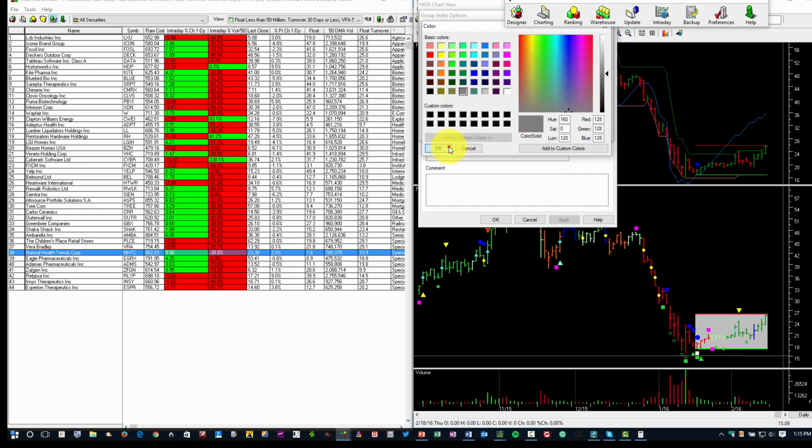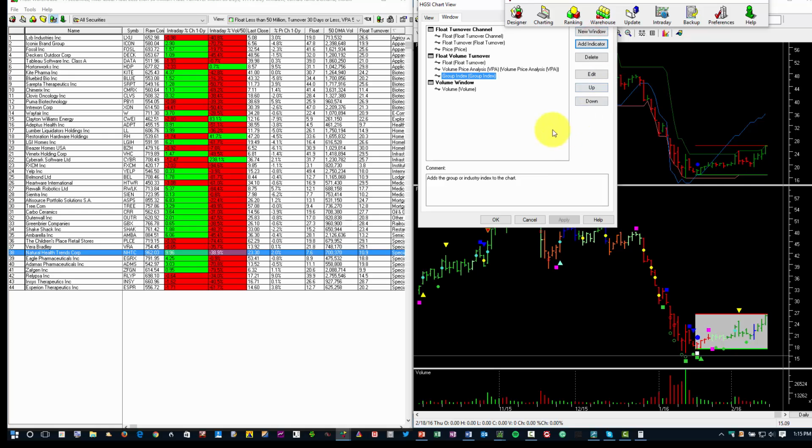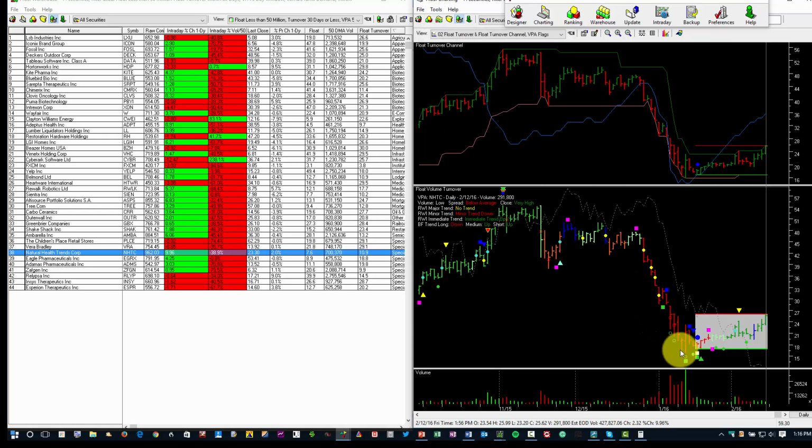I'll make it the darker line. You have to use private scale because the group is on a private scale, and I always use the dotted line and select the industry group. And there is the industry group.